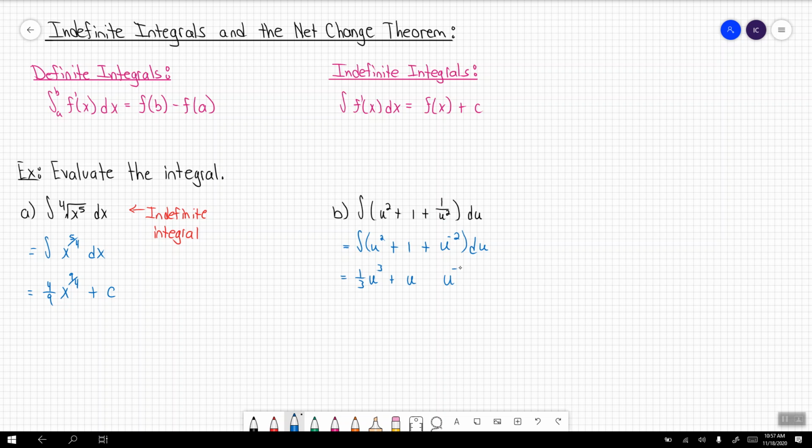That's going to get us u to the power of -1, multiply by the reciprocal, and that's going to be -1. And I need a general constant term, so I need a plus c. Let's simplify this a little more. Typically, we don't like to leave negative exponents. And here's our final answer. There we are.